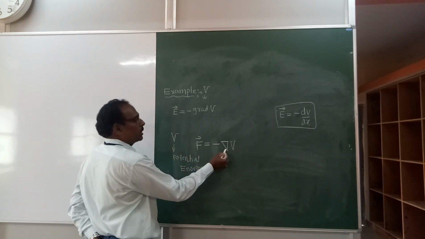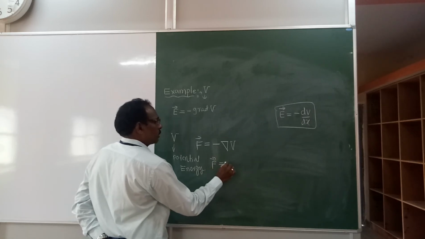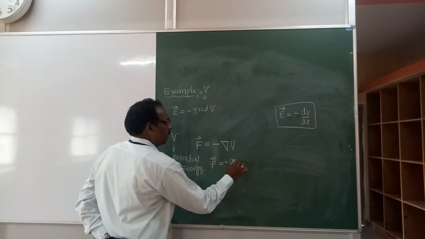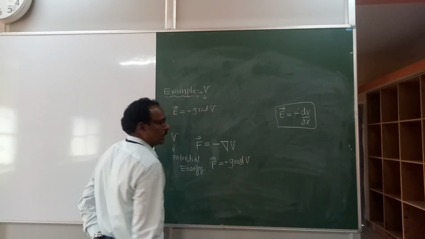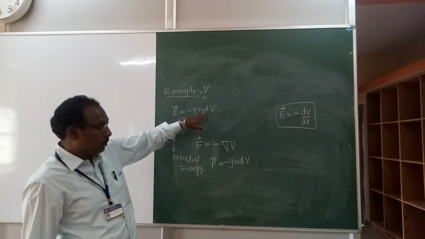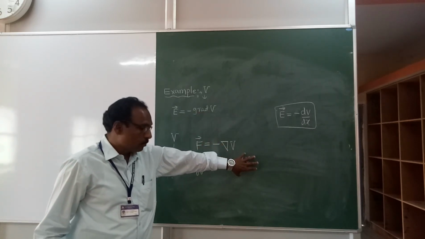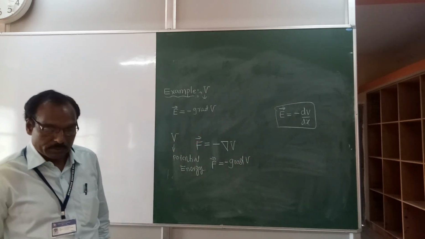Here V is the potential. We can write this as force is equal to minus grad of V, where V is, say, potential energy. This is electrical potential. This is potential energy by virtue of the position.